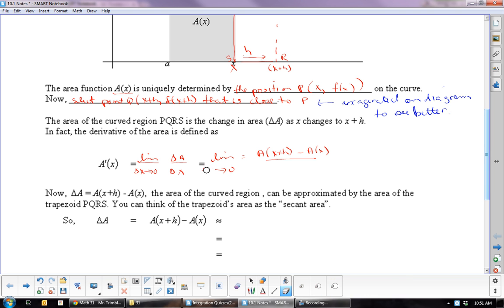Instead of delta x, I'm going to call this h now, as h goes to 0. Okay? Now, remember, this is the first principles that we did a long time ago. So this is used for finding derivatives.